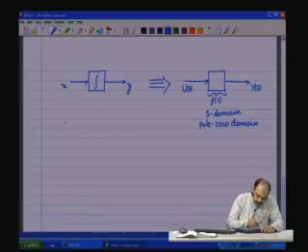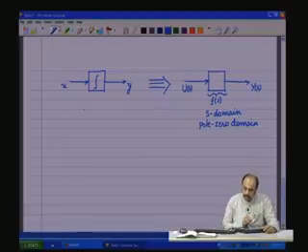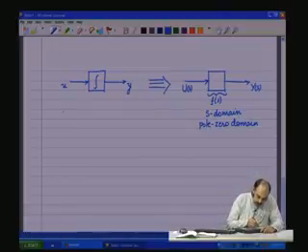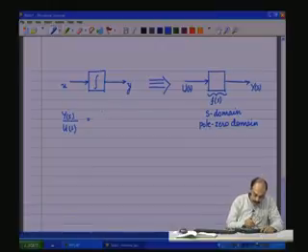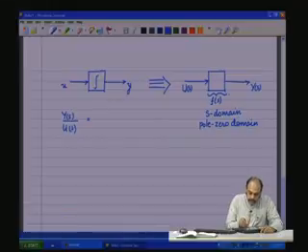So, we now would like to see what Y(s) by U(s) is equal to. This will give the input-output relationship in the S domain.